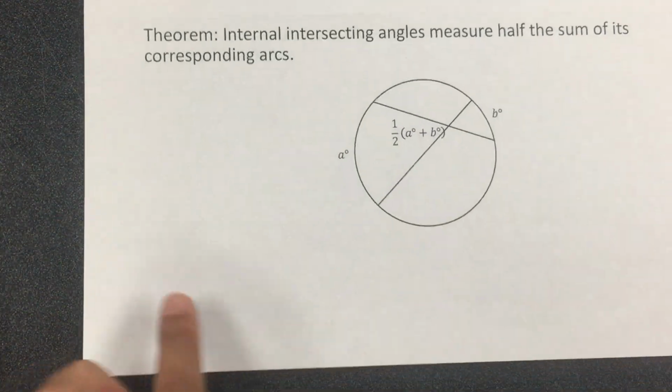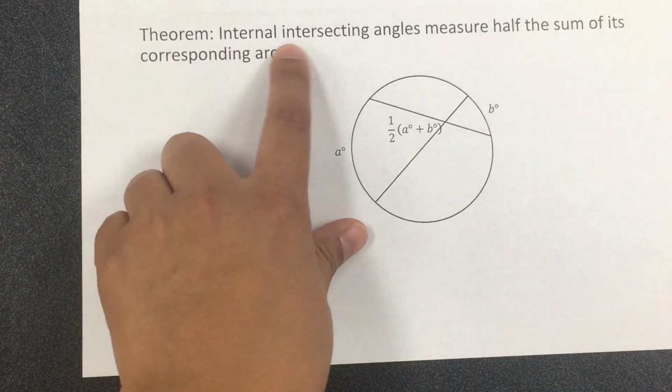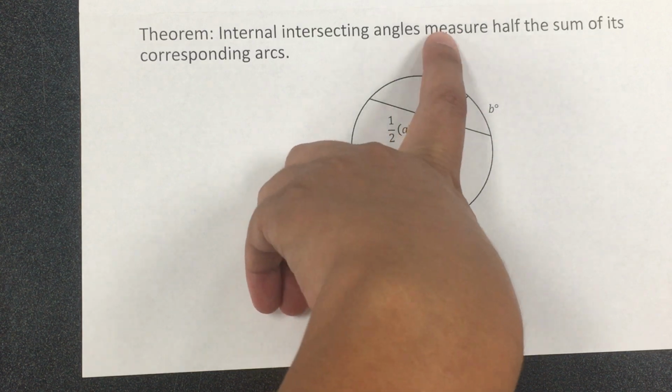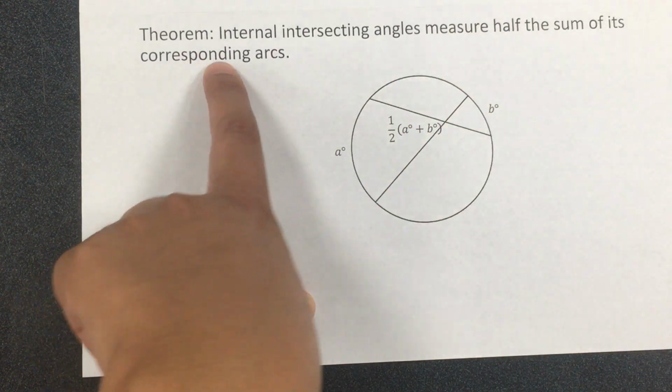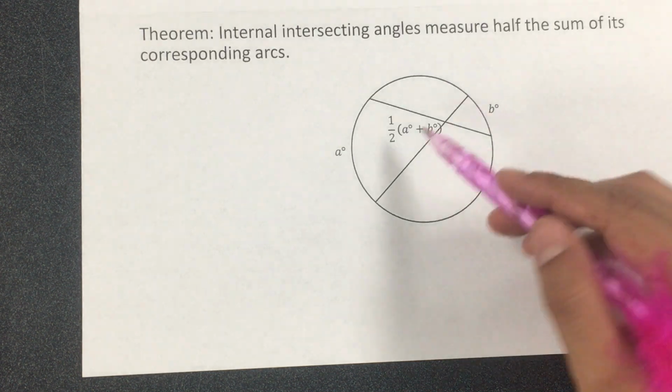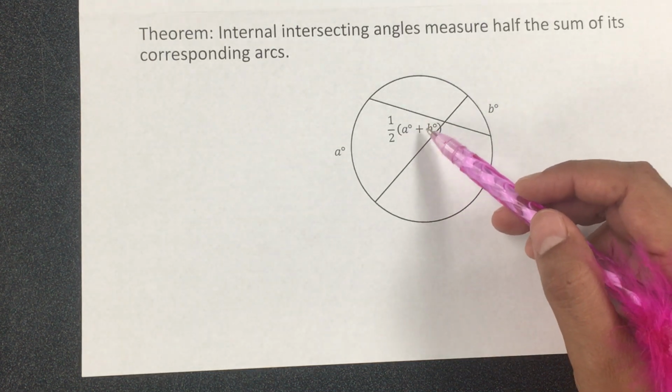Now, what if we have 2 intersecting lines? It says, internal intersecting angles measure half the sum of its corresponding arcs. Okay, that's what this says in here.